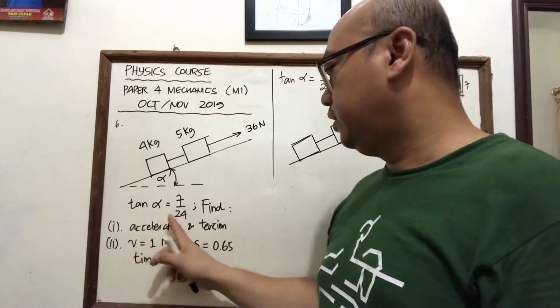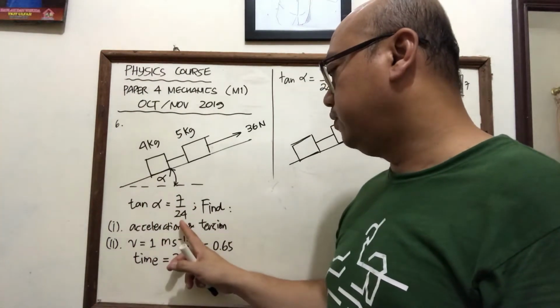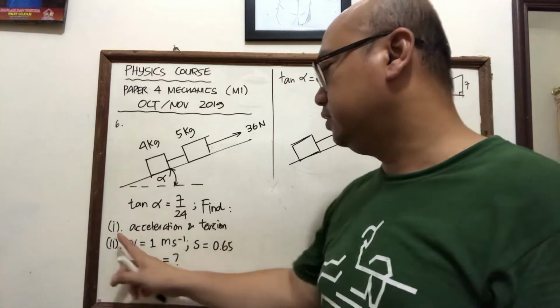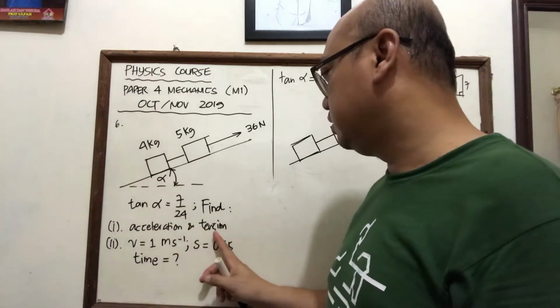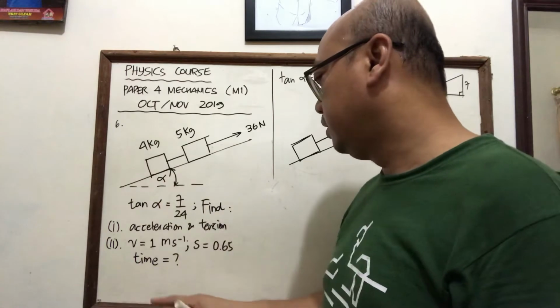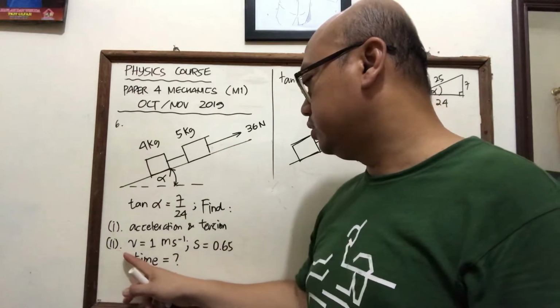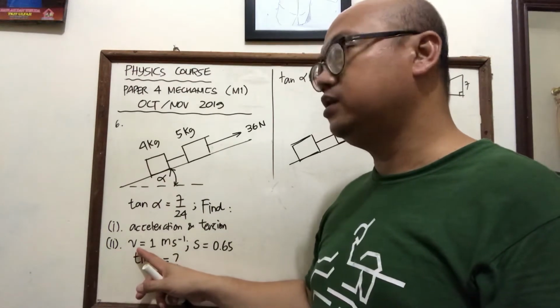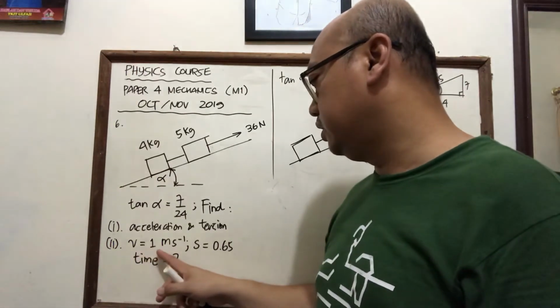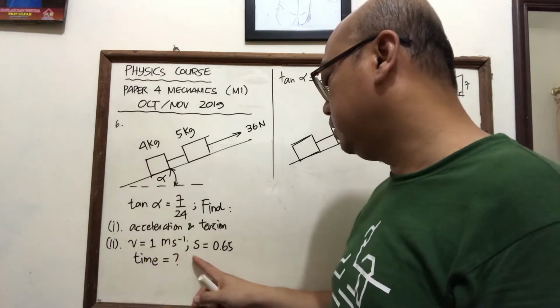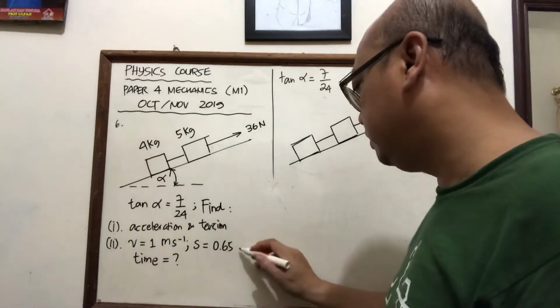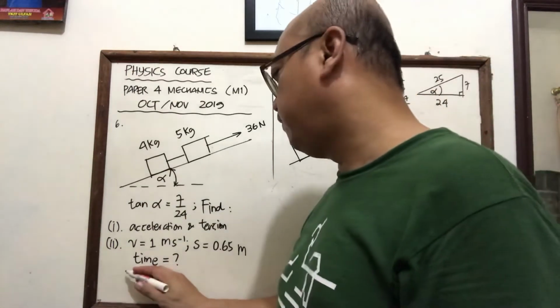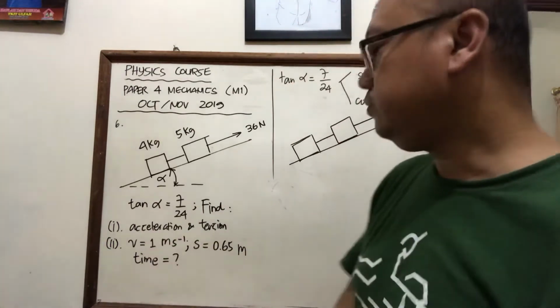When tangent alpha is 7/24, find the acceleration and the tension in the rope. Question 2: if the instantaneous velocity is 1 meter per second at a distance of 0.65 meter, we need to find the time.